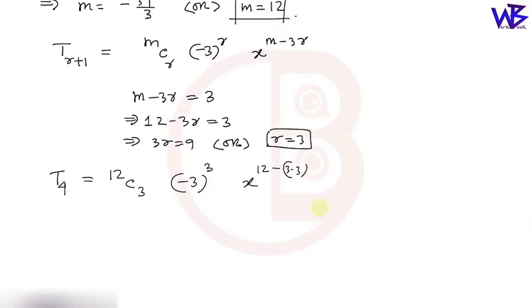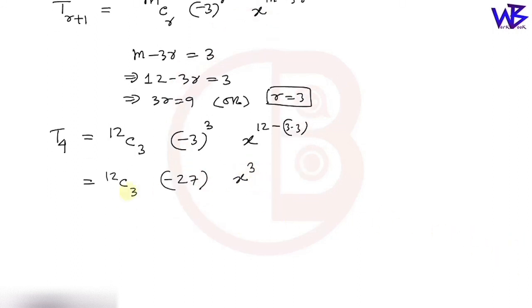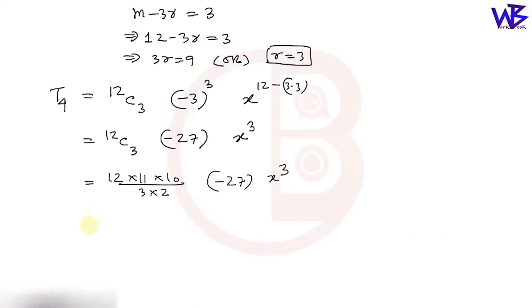So this will be equal to 12C3 into minus 27 into x to the power 3. The value of 12C3 will be 12 into 11 into 10 divided by 3 into 2, into minus 27 into x cube. So if I calculate the coefficient, it comes out to be minus 5940, and we have x cube.